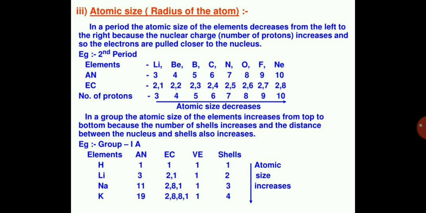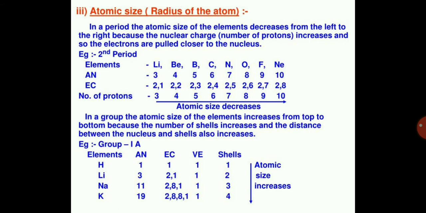In a group the atomic size of elements increases from top to bottom because the number of shells increases and the distance between the nucleus and the shells also increases. In short, as the shells increase, the atomic radius increases. See the example, group 1A, elements hydrogen, lithium, sodium and potassium.